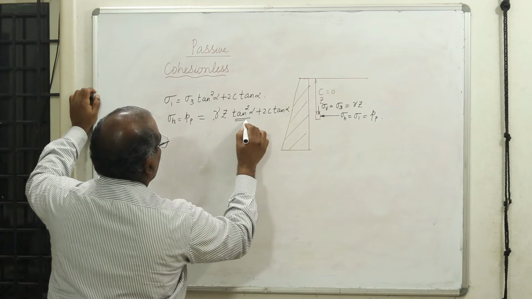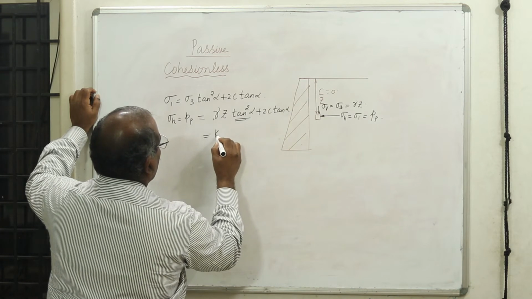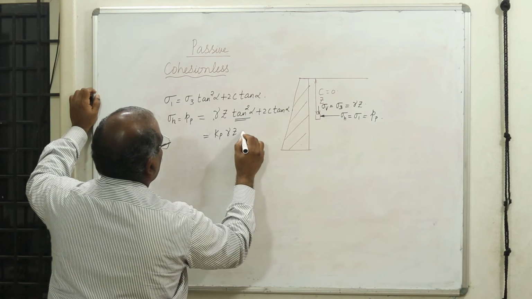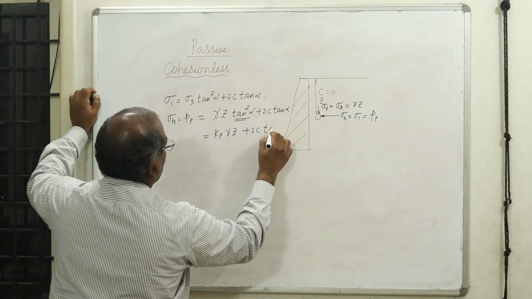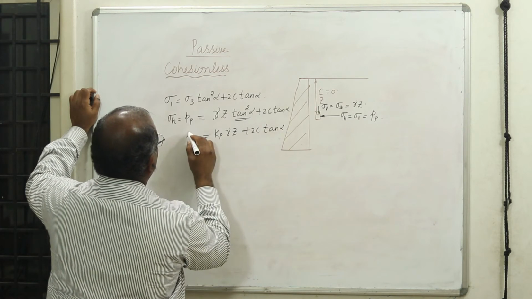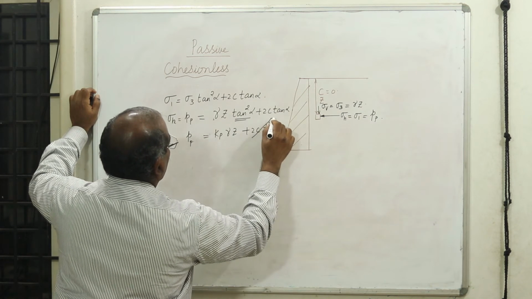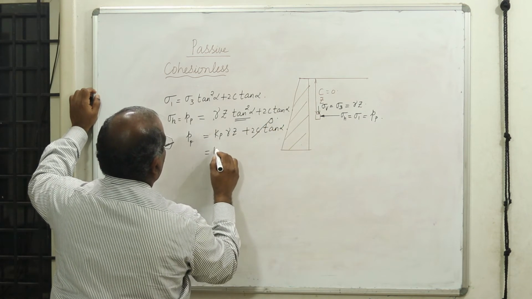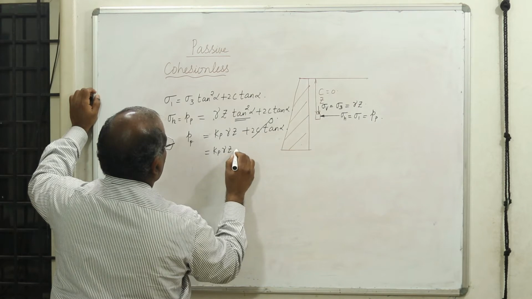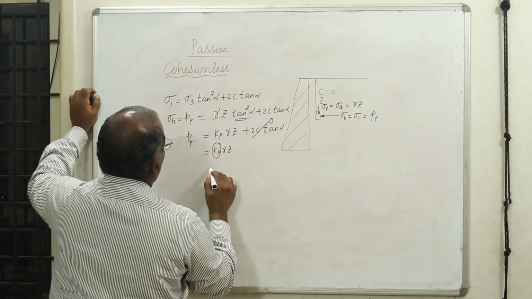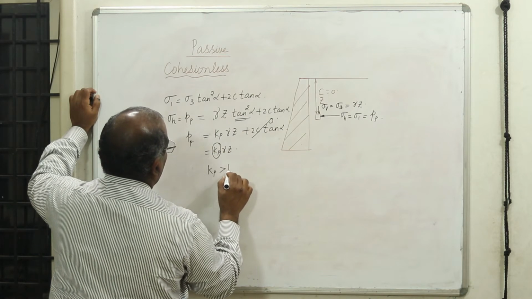Now I know what this value is. This is nothing but Kp into gamma Z plus 2c tan alpha. But your c is 0, therefore this becomes Kp gamma Z. Now what is the value of Kp? Always Kp is greater than Ka.